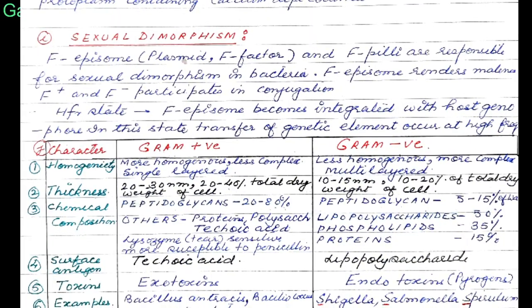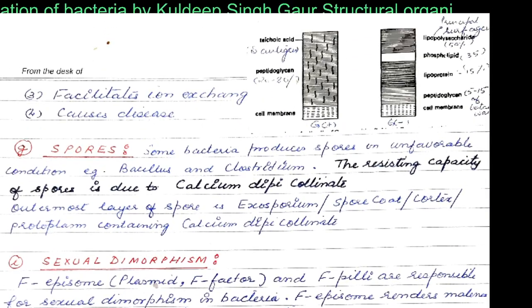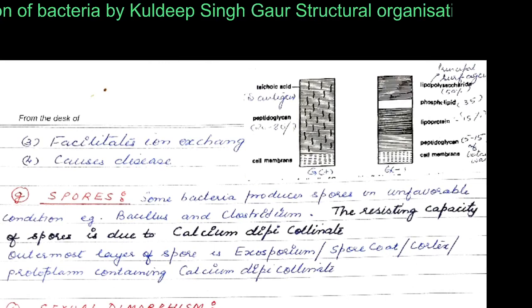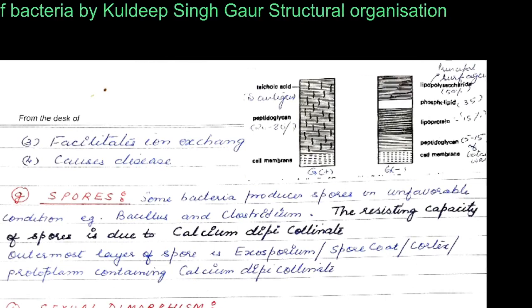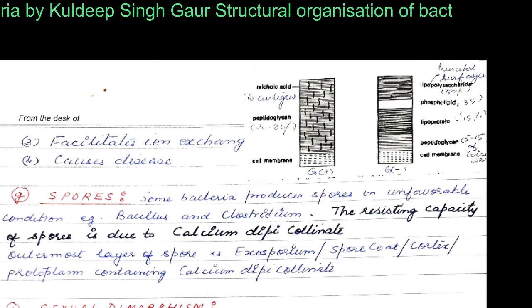So as far as homogeneity is concerned, gram positive bacteria are more homogeneous, less complex and single layered, whereas the converse is true in gram negative bacteria: they are less homogeneous, more complex and multi-layered. Again, as pictured, the gram negative bacterial cell wall is made up of lipopolysaccharide, phospholipids, lipoproteins and peptidoglycans.